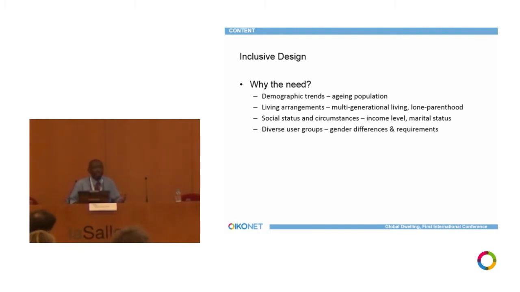We have more and more people living alone, probably never been married, or probably never had children. And as they get older, they are living on their own. We have social status and circumstances to consider, and we have gender and other diverse issues to think about when we're talking about inclusive design.